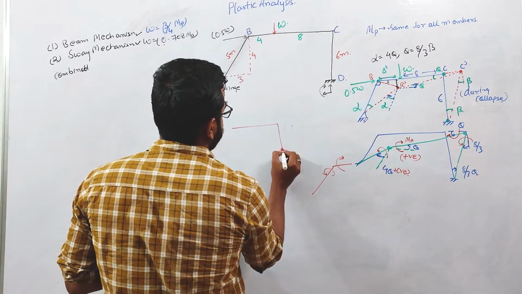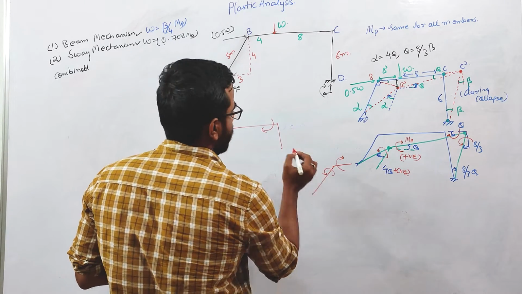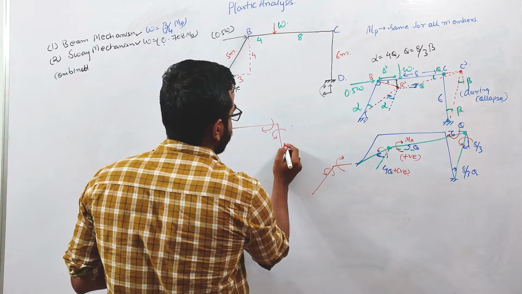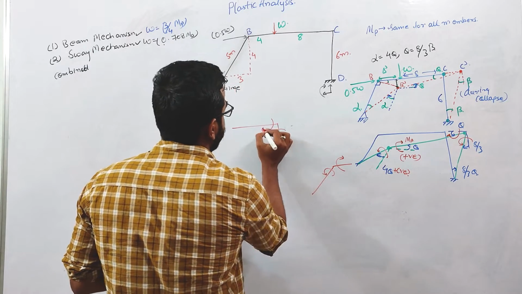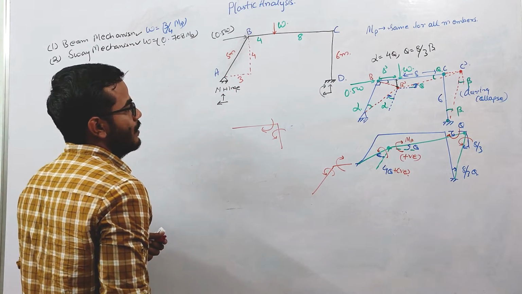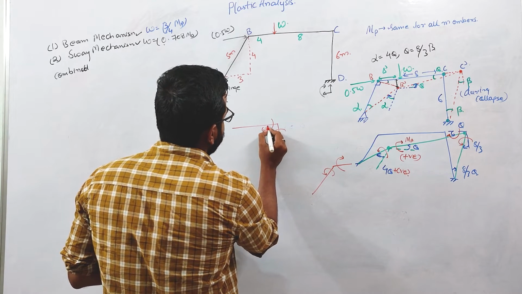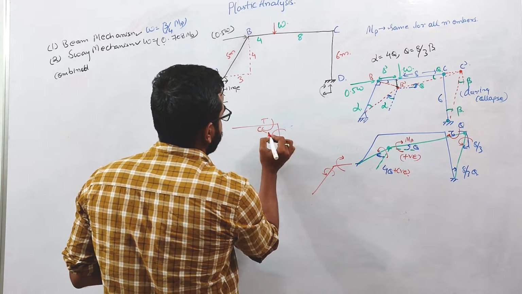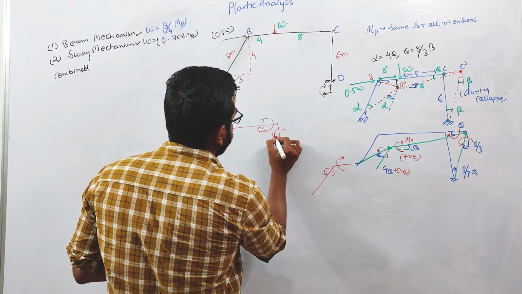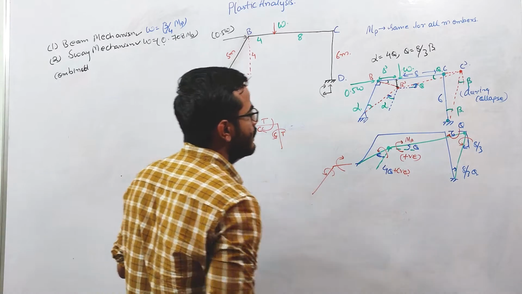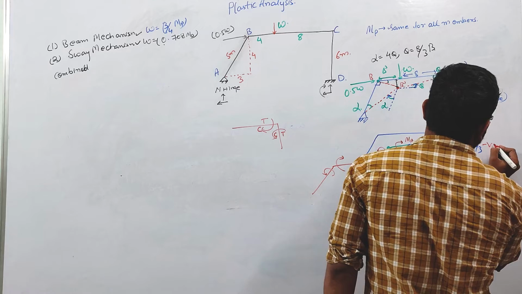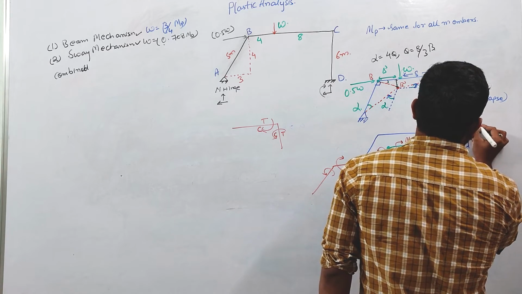Here the moment is acting like this on this column, and this moment is acting on this beam. This is producing compression inside and tension outside. This is producing compression inside, tension outside. So this will be negative, this is negative, and again this will be negative.